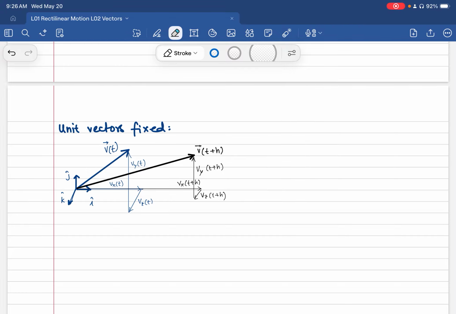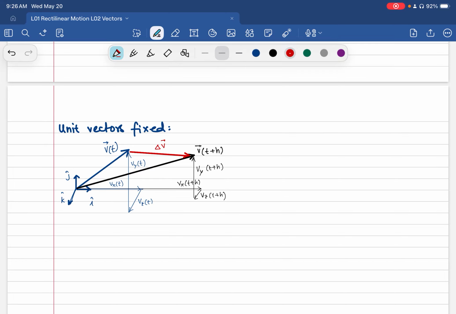Okay, so what's happening here, and the reason why I did all of this, is to now try to define this vector, which is the difference, right? So this would be delta v. So essentially v of t plus h minus v of t.